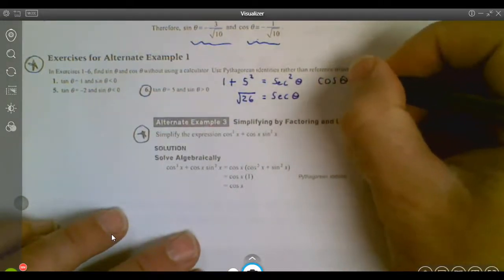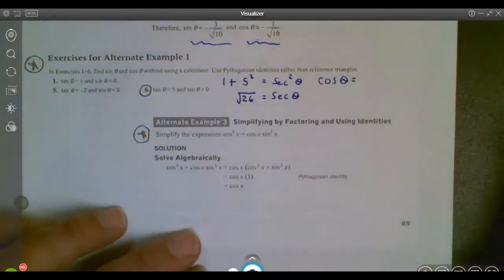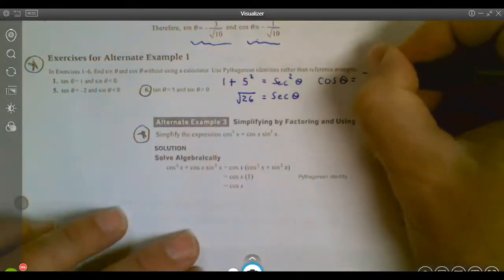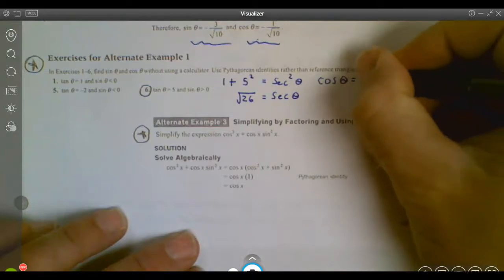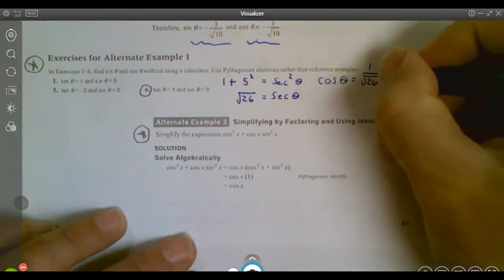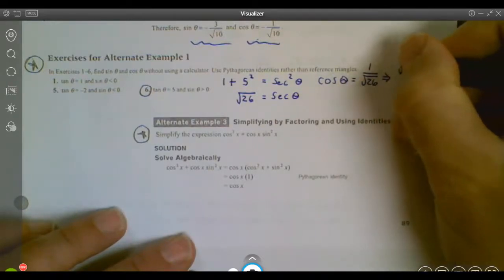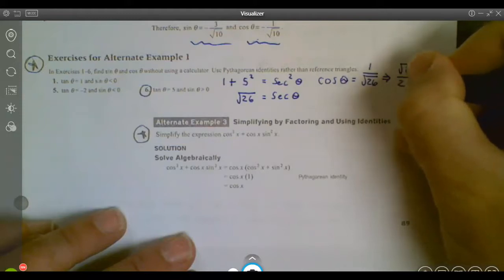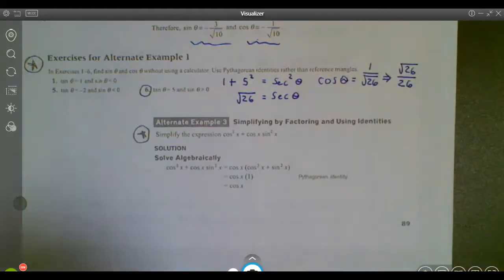So cosine is now 1 over rad 26. And I typically still try to not leave my radicals on the bottom. I would take the next step of rationalizing that denominator, and I tend to write my cosine value this way. So there's our cosine value.